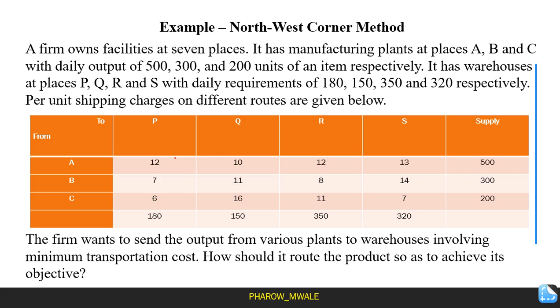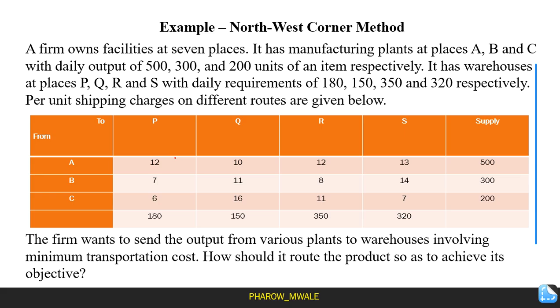So the way we are going to do this is, let us read this question and then we can proceed to solving it. This question here, we have a company which has facilities at 7 places, and it has manufacturing plants at places A, B, and C. Then the output from our manufacturing plants are as follows.